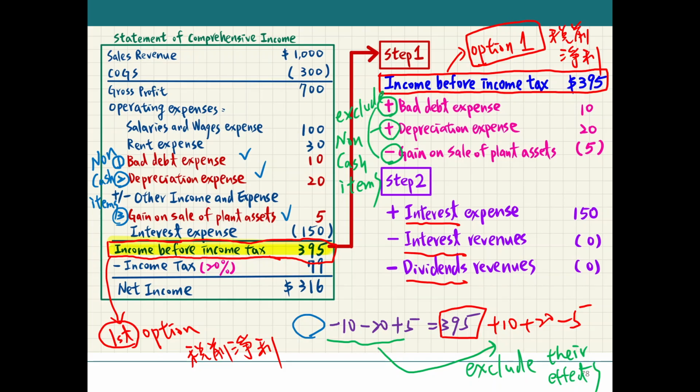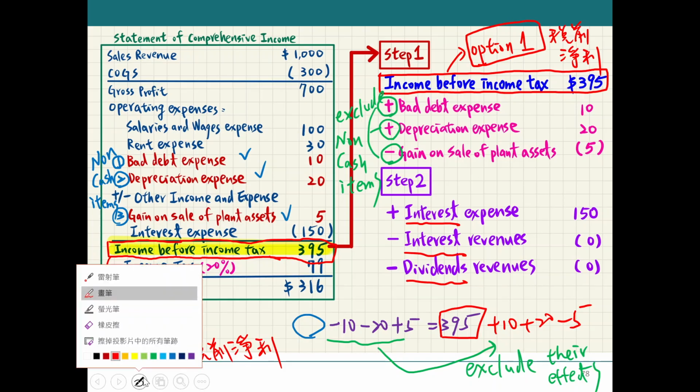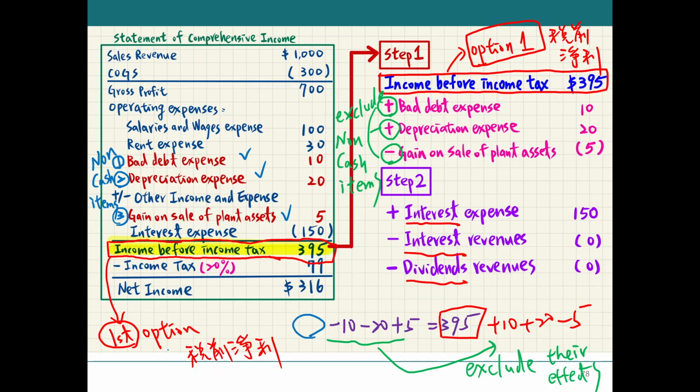We don't need to exclude tax because this number, 395, didn't include tax, okay? So step 2, we try to exclude the items from first 2 big guys. So what are first 2? Creditors, right? So this is creditors. This is your shareholders.